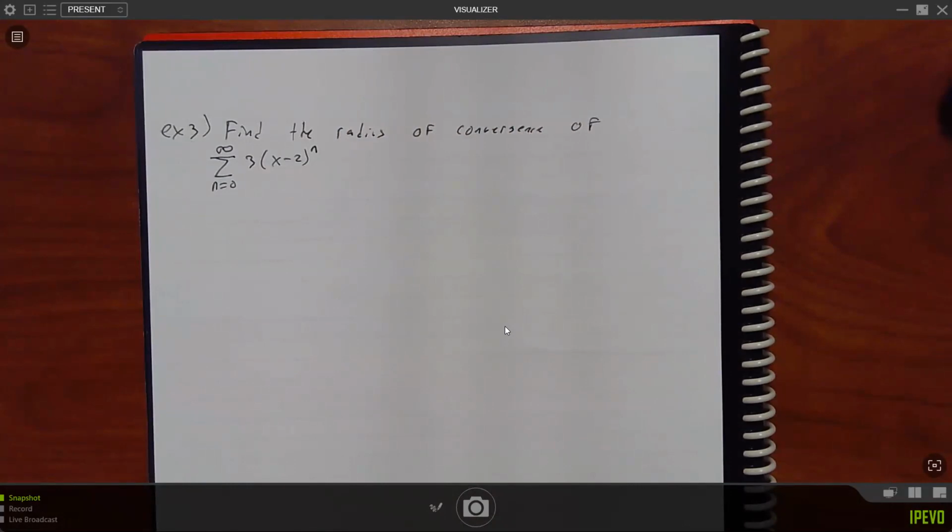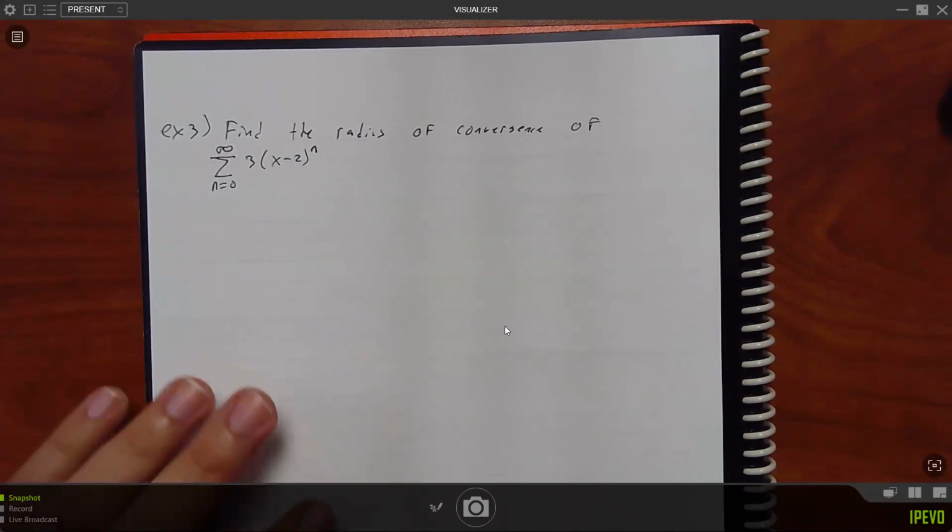But notice that we don't have to do ratio here, right? We could do the root test. They have the same rules. So we can create an interval of convergence using the ratio or the root test. Doesn't matter. One or the other. Or power series. I'm gonna do root just for fun.